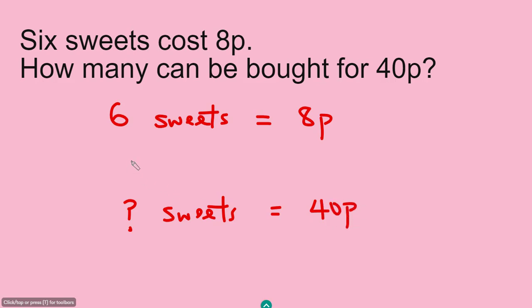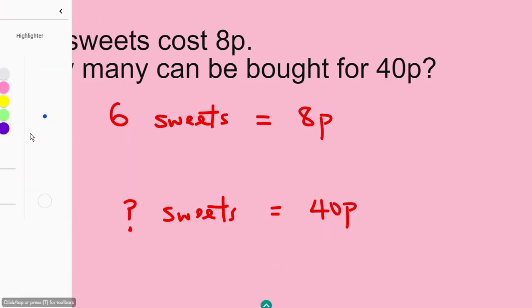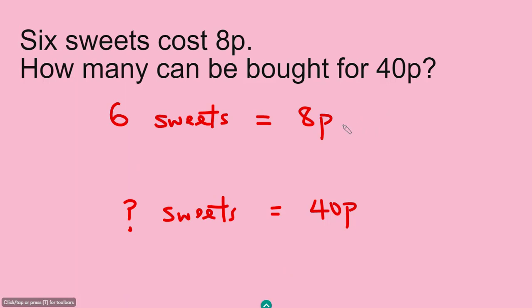Now, we could have found the cost of one sweet. If you know the cost of one sweet, you'll be able to get how many sweets here. But one way I want to solve this is I can see that if 6 sweets cost 8p, I can find how many sweets I can get for 40p by simply looking at the question carefully. Because is there a way I can move from 8p to 40p directly?